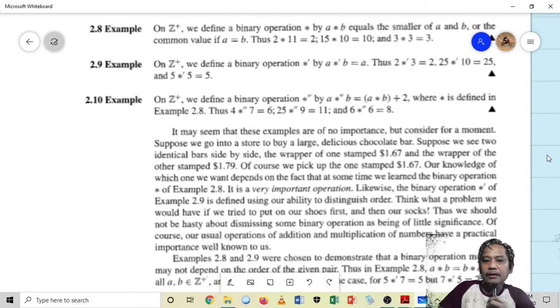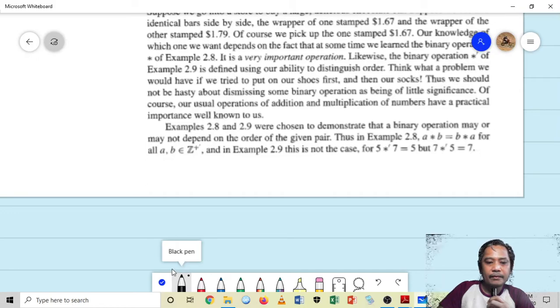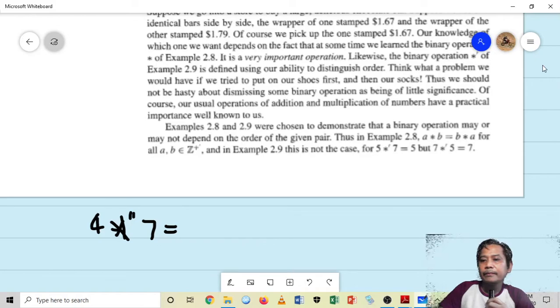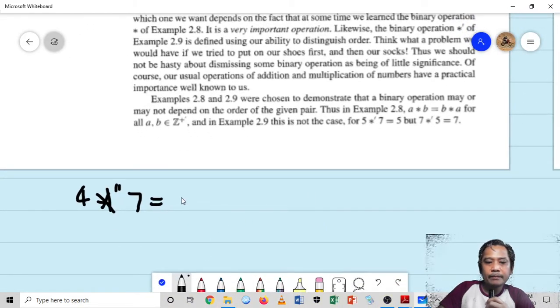Why? Let's solve it here. 4 asterisk double prime 7 would be, by definition, a asterisk b plus 2. So this would be 4 asterisk 7 plus 2.